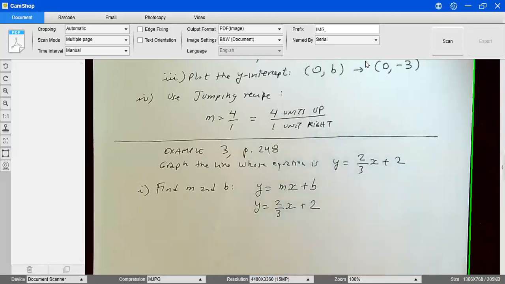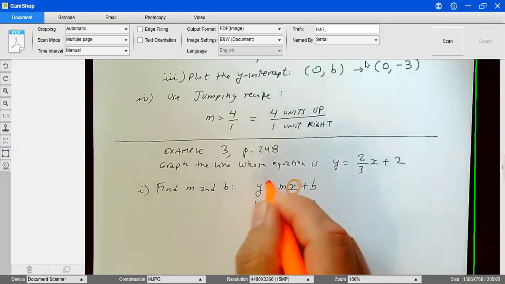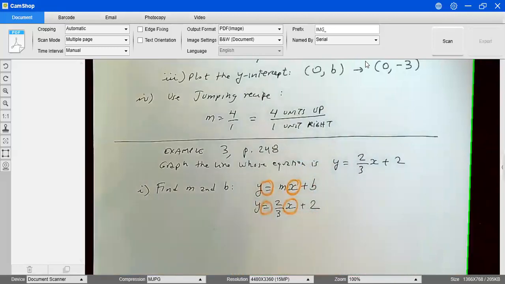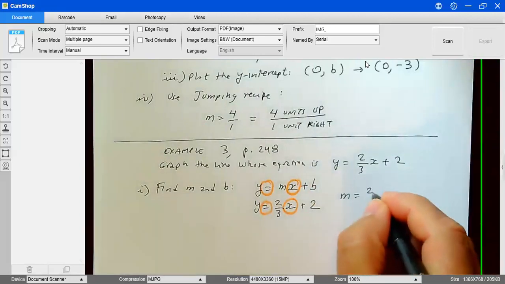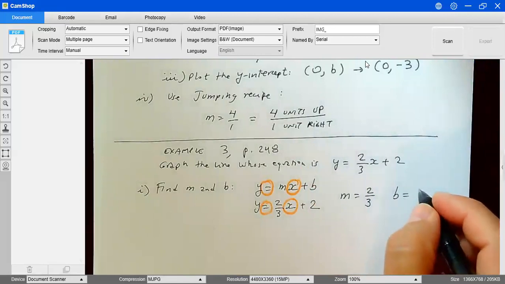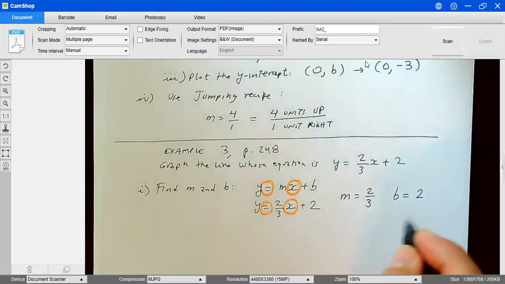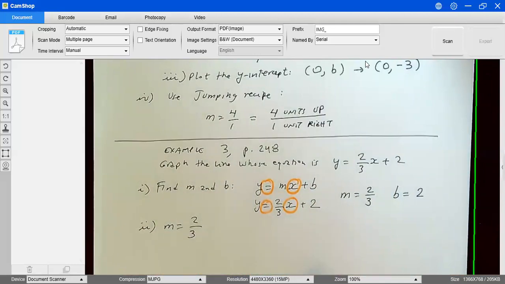So we're going to be able to see the slope. The slope in this case is 2/3, and the y-intercept is just 2. So then we need the m as a fraction. In this case, it's already a fraction.